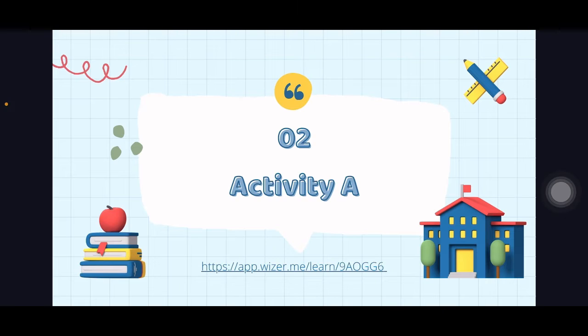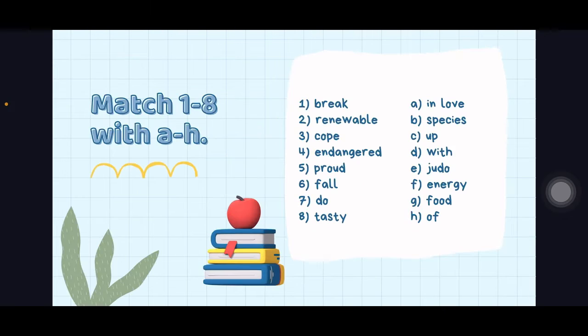You will click on the link given, and then we will see what you need to do for activity A. You need to match the words from 1 until 8 with words from A to H.